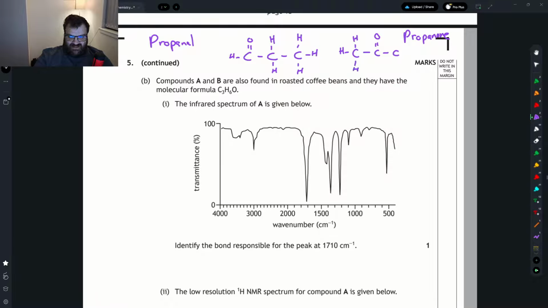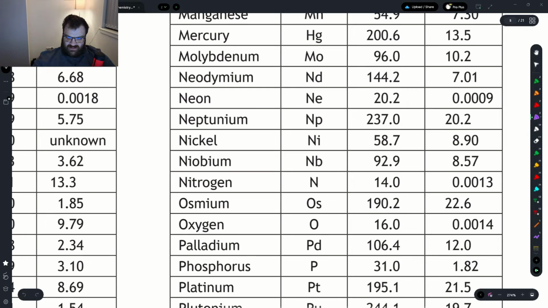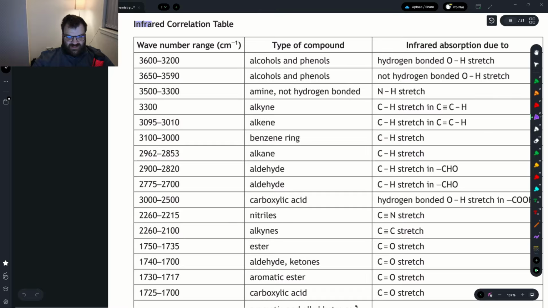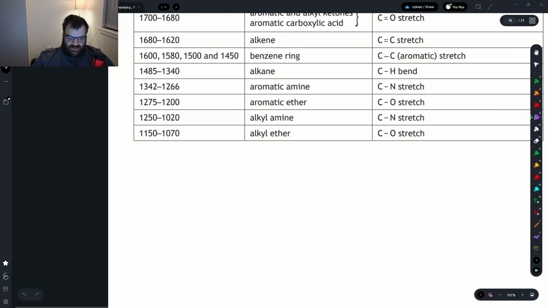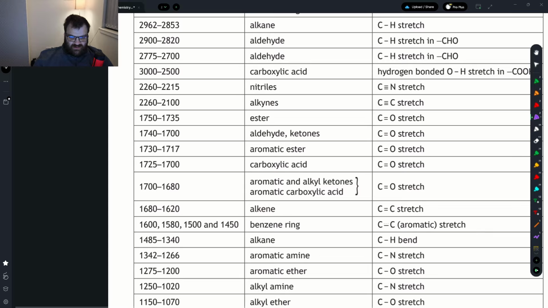Is where I'm going with that. Now, if the chemical has more carbon, it's maybe not really going to work to start sketching them out, but that's what I'm thinking. 1710. Go in here to the data booklet, go to our infrared correlation table. 1710. Is it going to be 1 or is it going to be more?